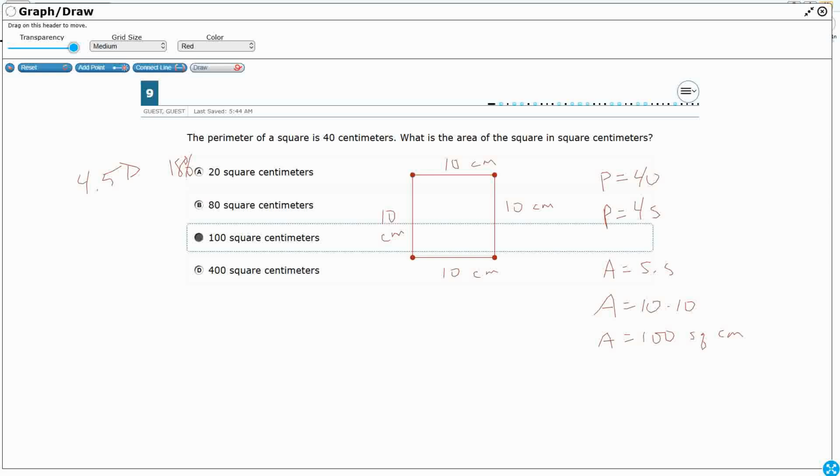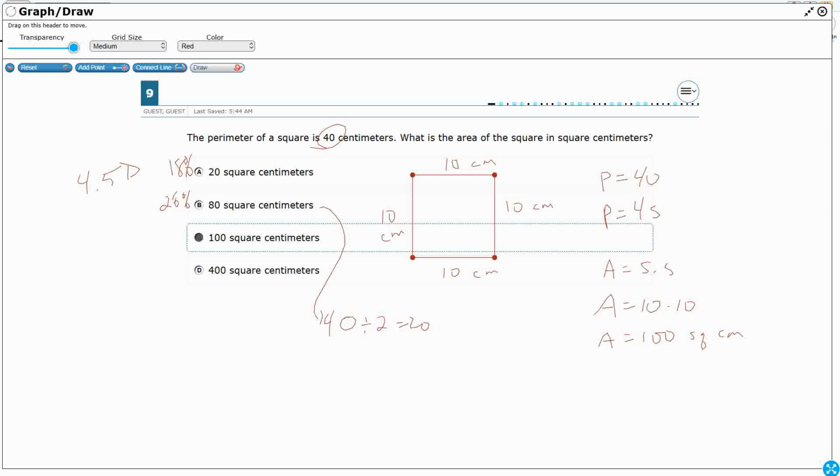B, we've got 80 square centimeters. We had 26% of our students choose this one, so 1 out of every 4. So really what happened here is we confused area and perimeter. We took our 40, and instead of dividing that by 4, we divided that by 2, to get 20.